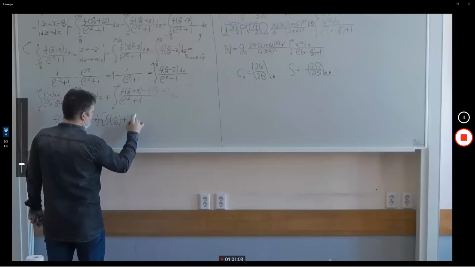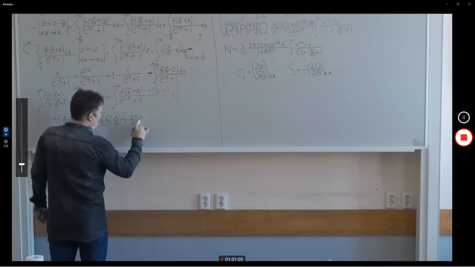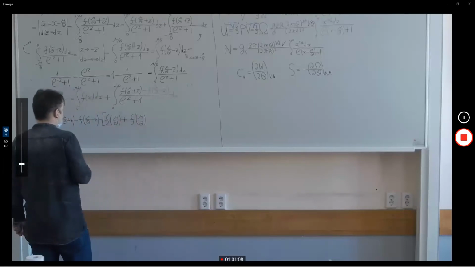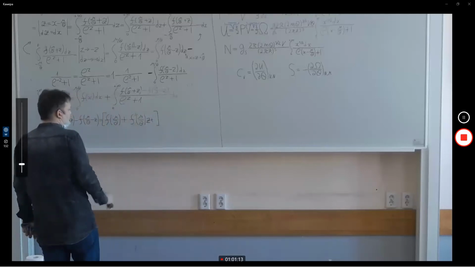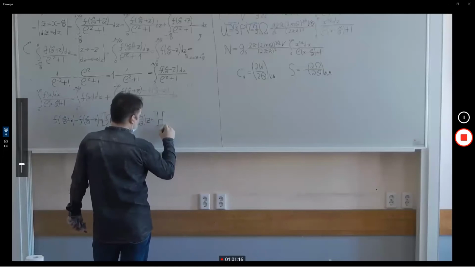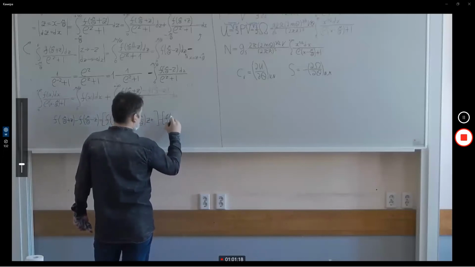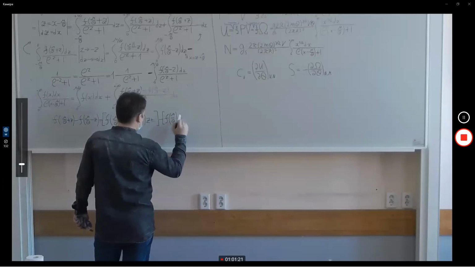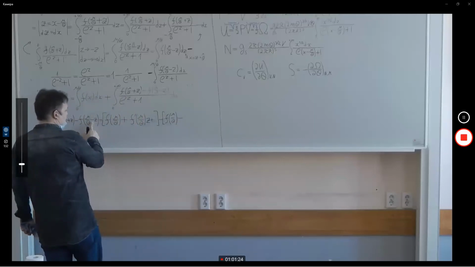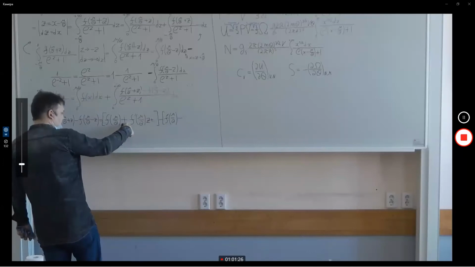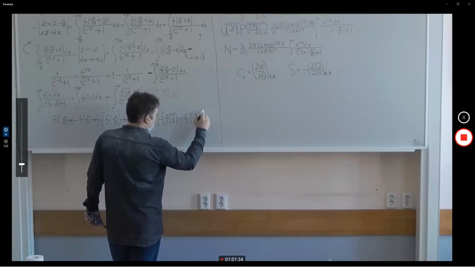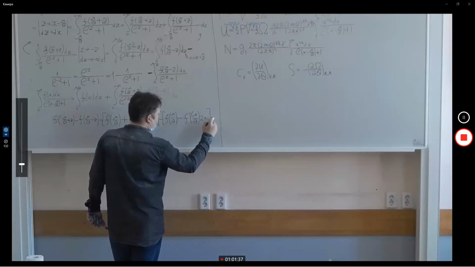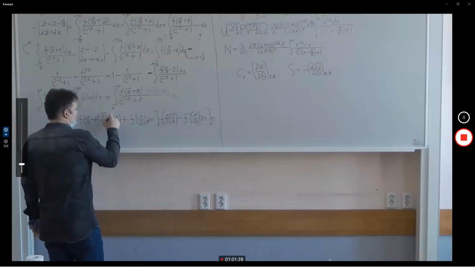So I write to the first order f prime. Prime means the derivative of a function by its argument. Here are some higher order corrections which are not of interest for me. And here minus. So I will get the first order correction with sign minus, plus some higher contributions.